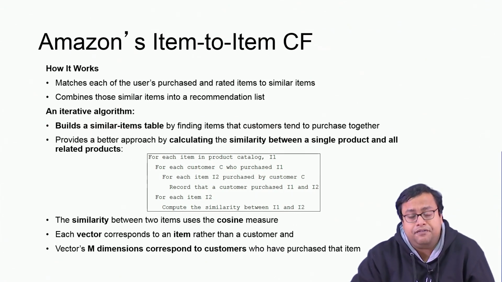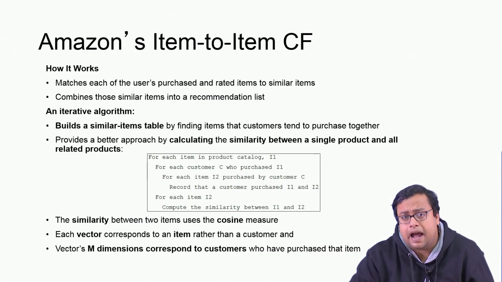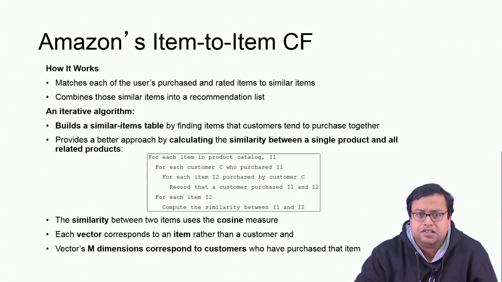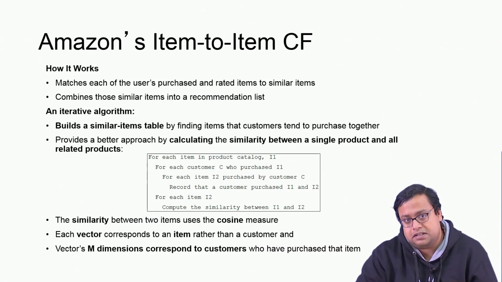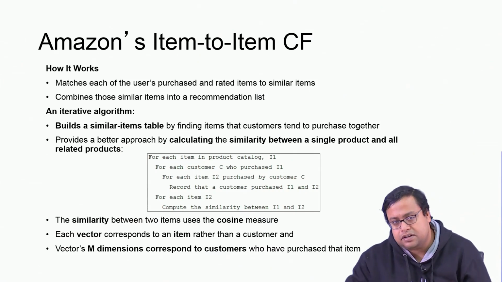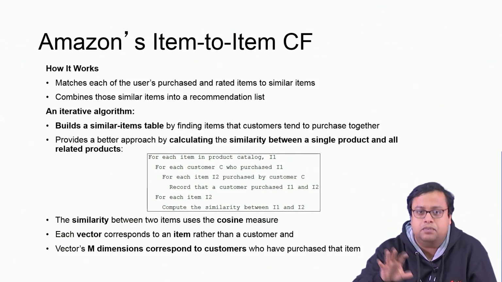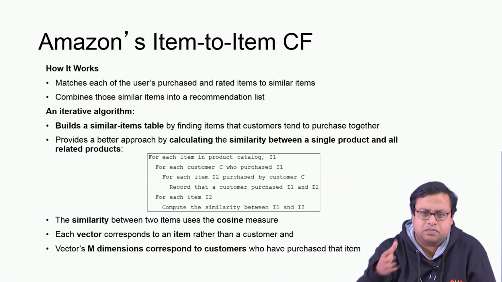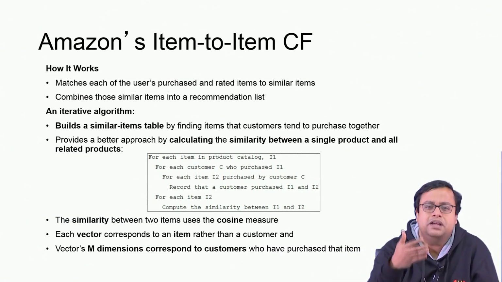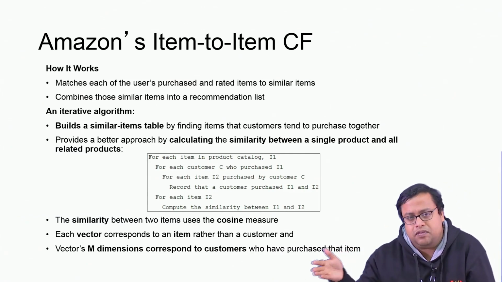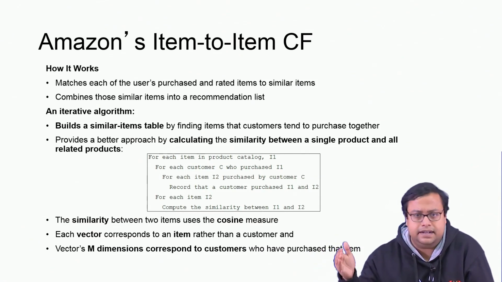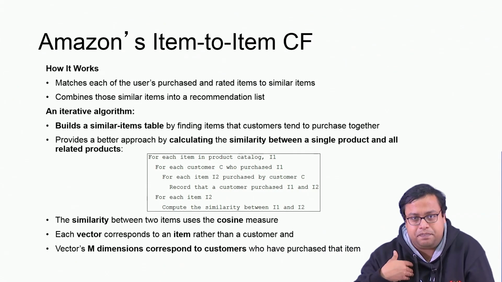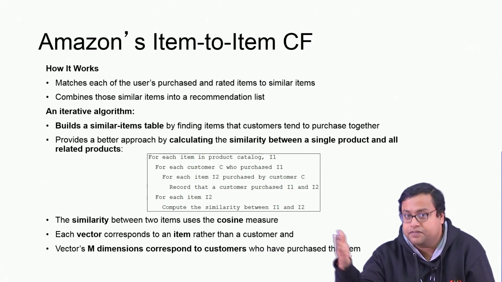See, the advantage is that the number of items in an e-commerce firm is generally lesser than the number of customers. In an already established e-commerce firm, fewer products are there, more customers are there. Just to give an idea, how many products have you purchased on an e-commerce site like Amazon or Flipkart in the last 1 year, let us say 10. One person buys 10 items, 15 items.